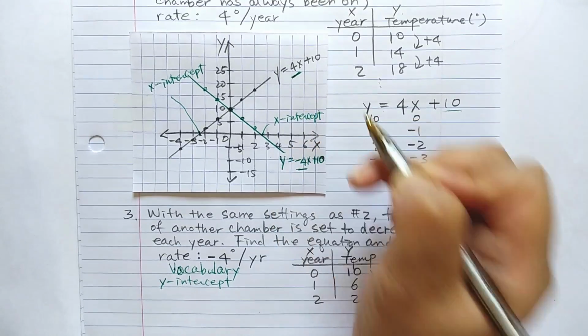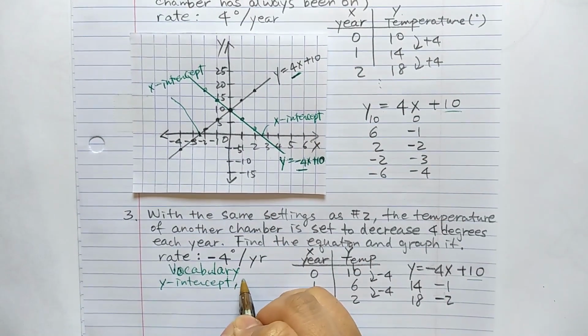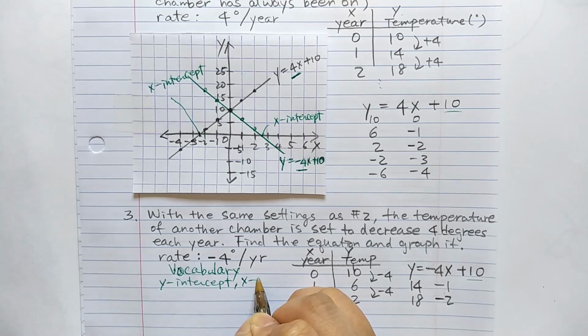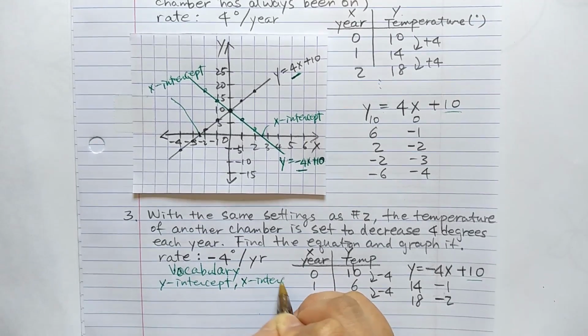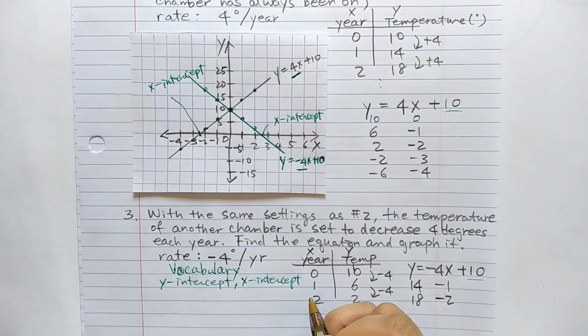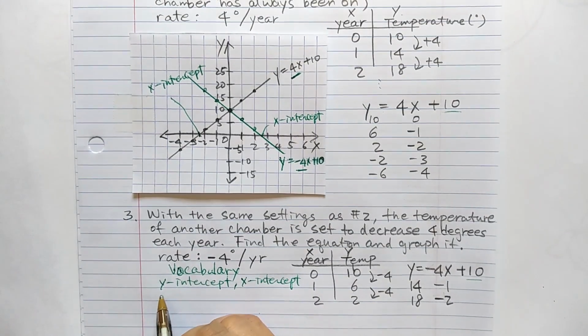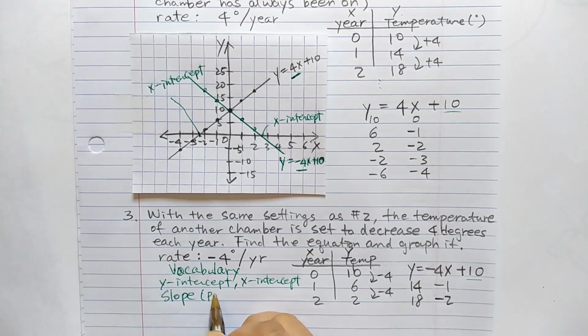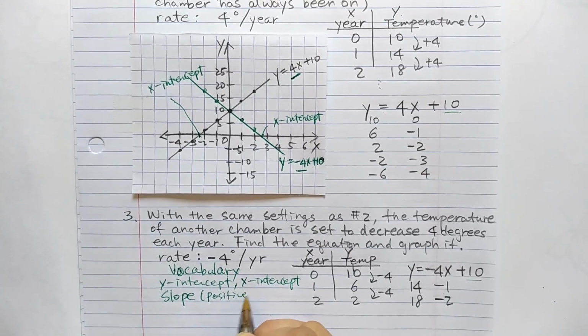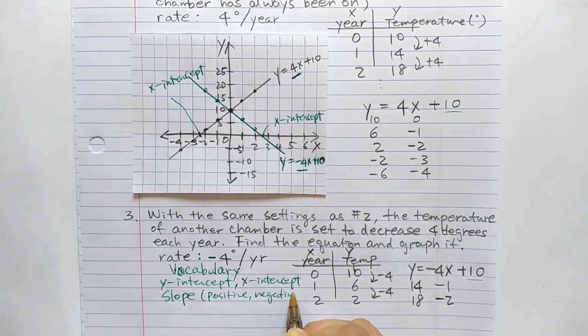So remember x-intercept and y-intercept. We'll talk a lot more about these later. Also, the slope, whether it is positive or negative.